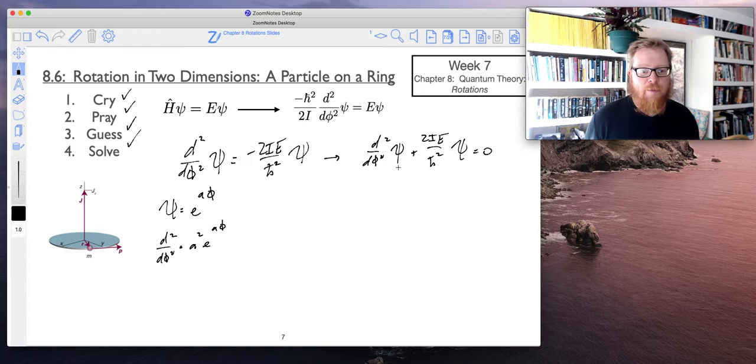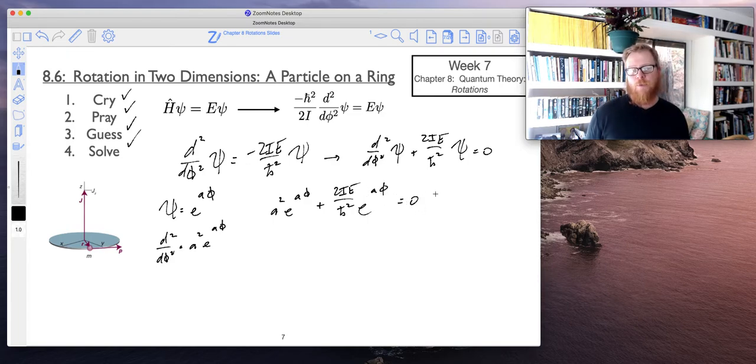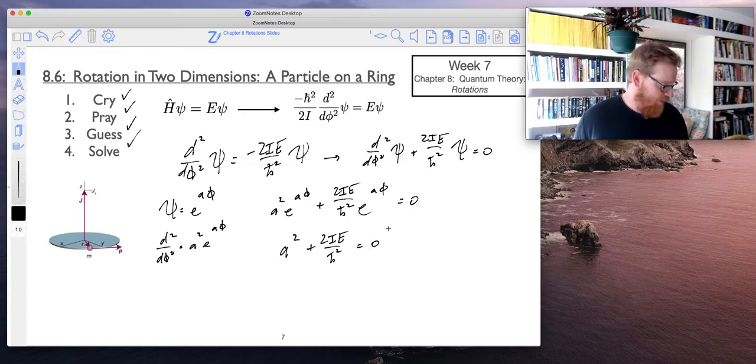And so when I plug that into this whole thing, I get a squared e to the a phi plus 2IE divided by h bar squared, and then times psi, which we guessed is e to the a phi, all equals 0. So we know that we can eliminate the e to the a phi, and that's going to give me a squared plus 2IE divided by h bar squared, all equals 0.